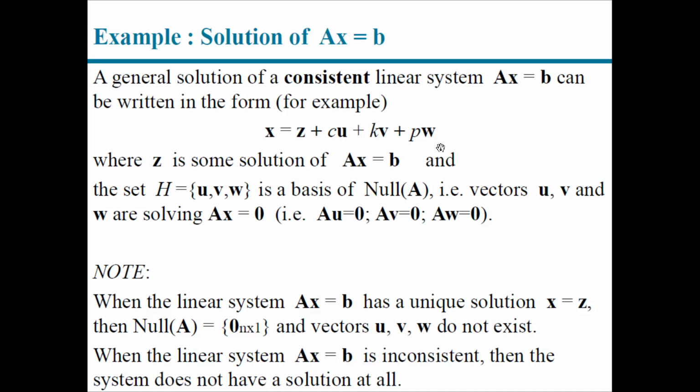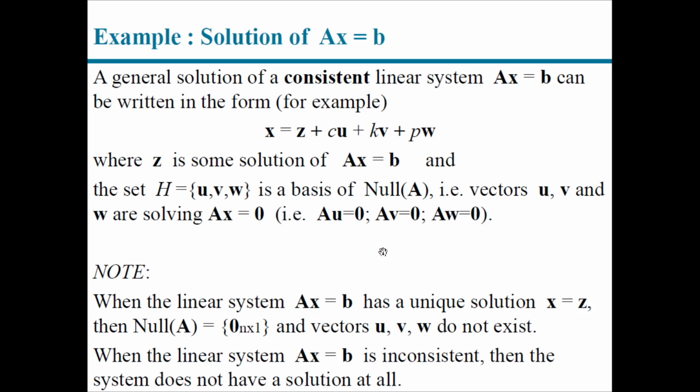So these guys are actually bases for the null space of A. That means that A times u is 0, A times v is 0, and A times w is 0. A times z is equal to b. So that's very special. A general solution for Ax equal b, when there is a solution, can be written in this form: one part that actually solves the problem Ax equal b, and other parts that belong to the null space.